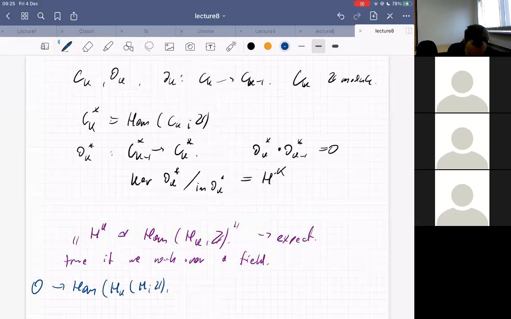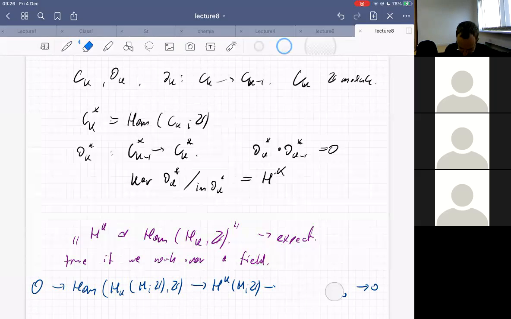So we have Hom(H_{k-1}(M), Z) going to H^k(M, Z). This works for a topological space, not just a manifold. It goes to, well, should I say a swear word or not? Maybe I will use a swear word.